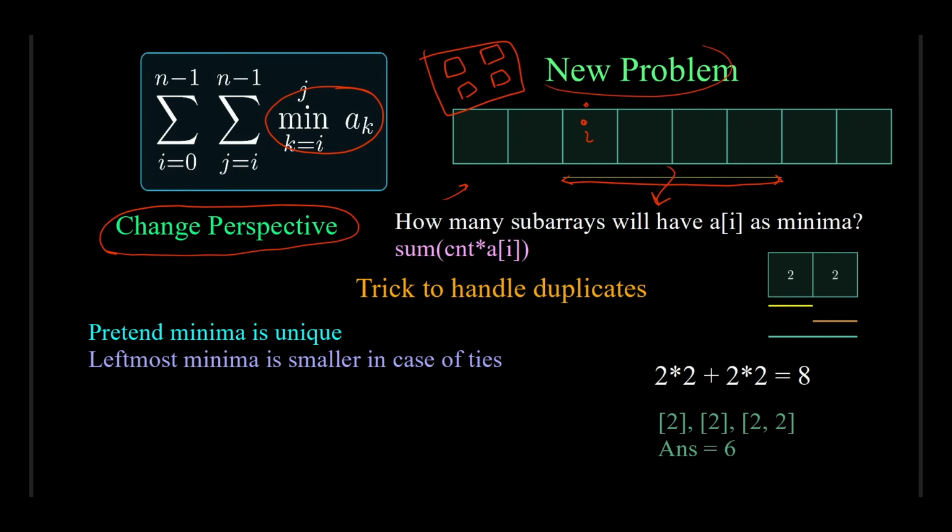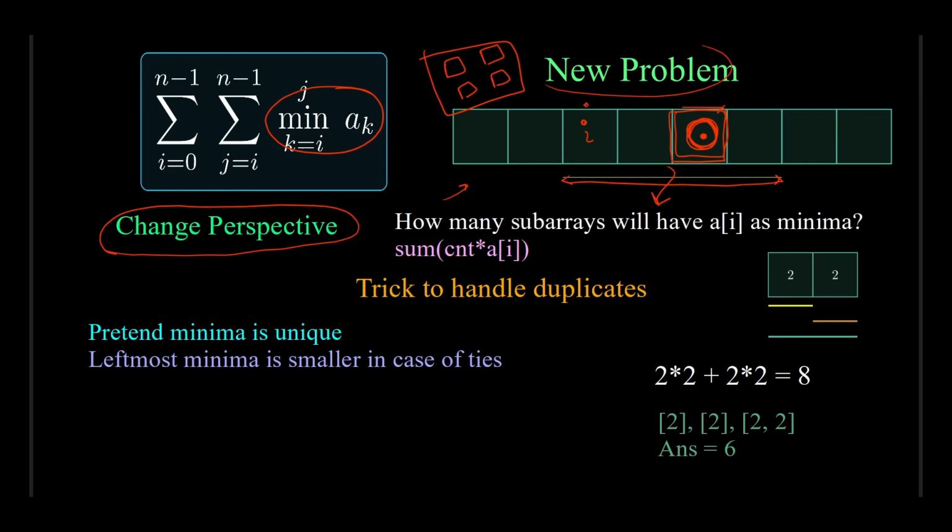The different perspective is, you fix a particular index I, and then you ask the question: the value at this particular index will be the minimum value of some set of subarrays of which it is a part. How many subarrays are they?